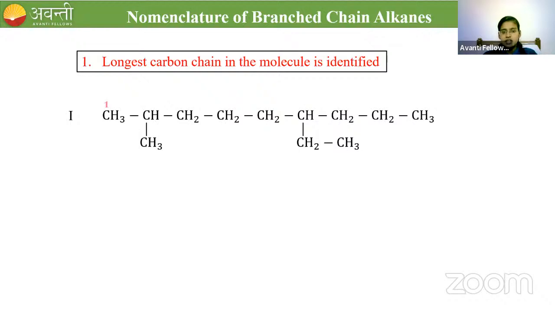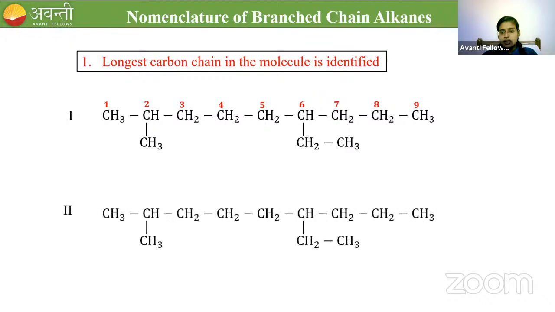So we have 1, 2, 3, 4, 5, 6, 7, 8, 9. This chain has more carbon atoms. Secondly, we can also go like this: 1, 2, 3, 4, 5, 6, 7, and 8. You can take this chain also, but it has only 8 carbons.